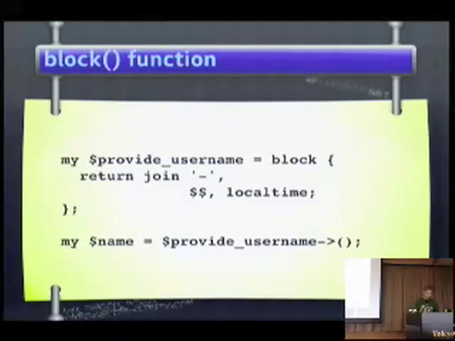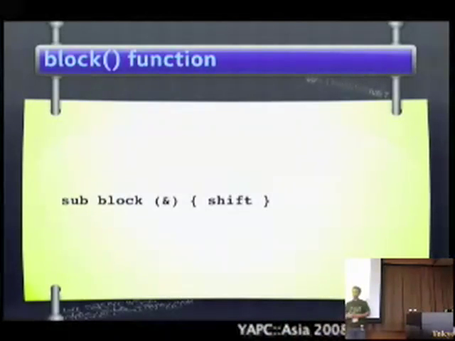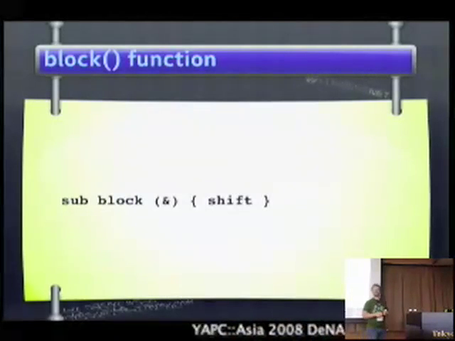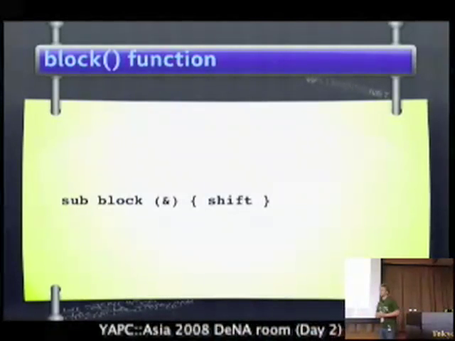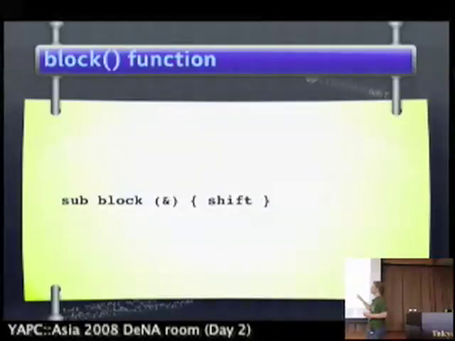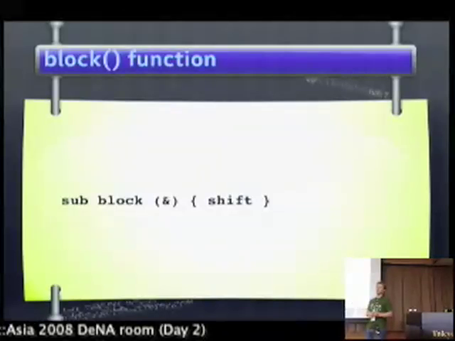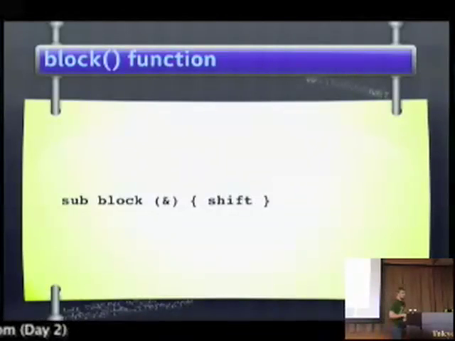And the way we get away with that is by using this prototype here, the ampersand, which says the first argument to this function must be a subroutine. And Perl's interpreter, as a sort of side effect of this, has decided that in this particular case, if you want to, you can pass that subroutine without the sub keyword, and it will understand what you mean. You have to use the prototype in order to get away with that.